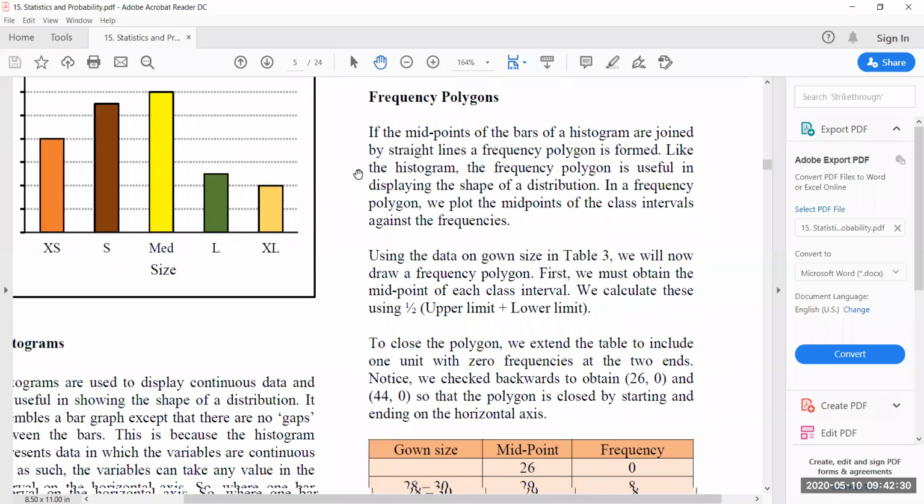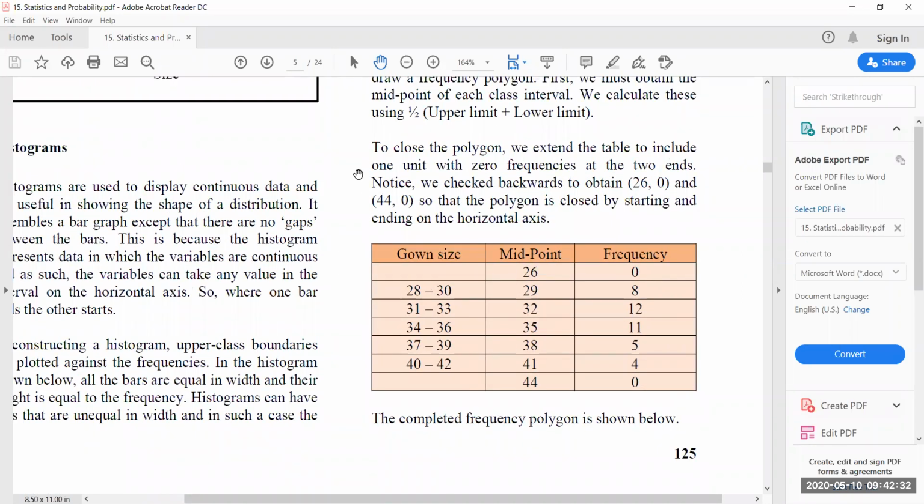So let's see here. What is the upper class limit in this case? Anybody? What is the midpoint then? For the gown size, sir? Yeah.